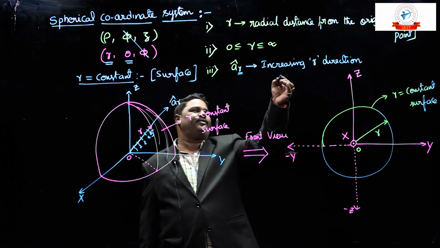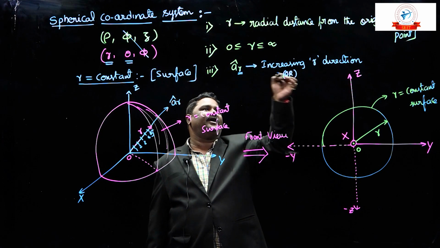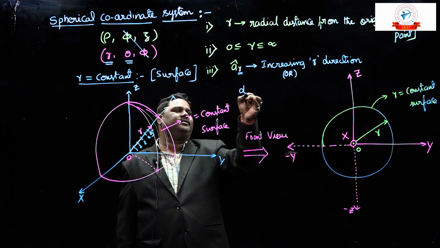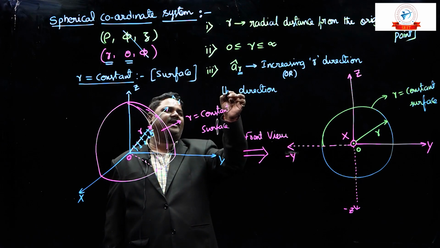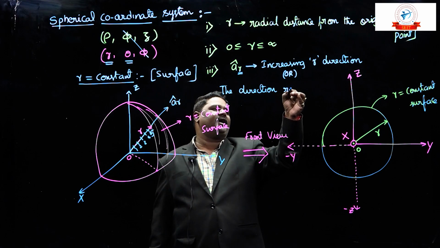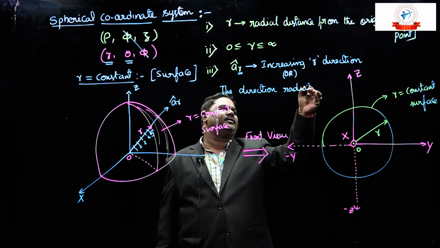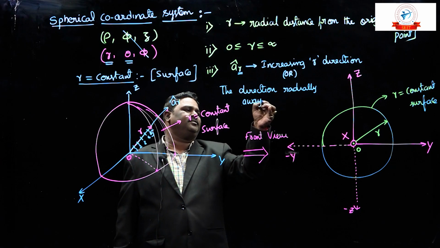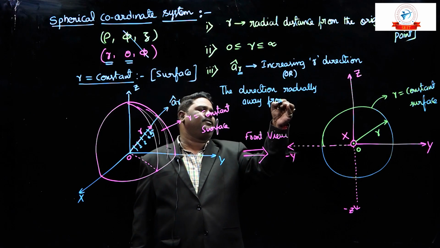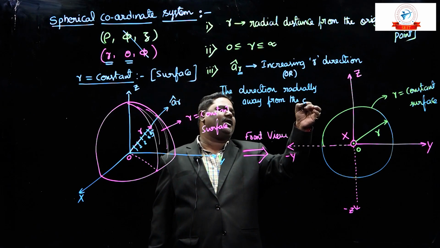So we define AR cap as the direction radially away from the origin.